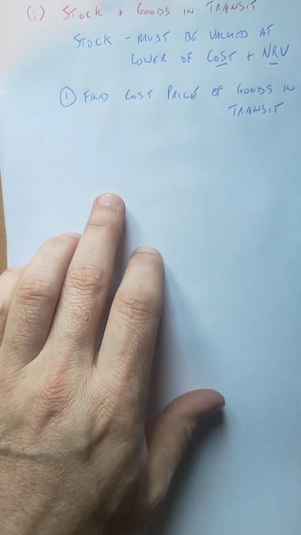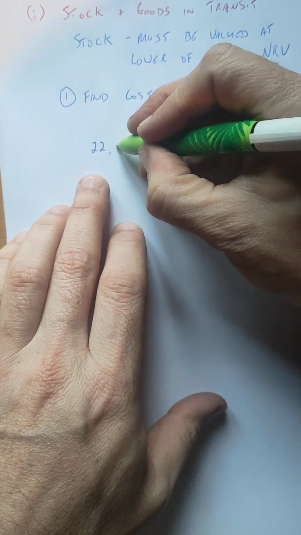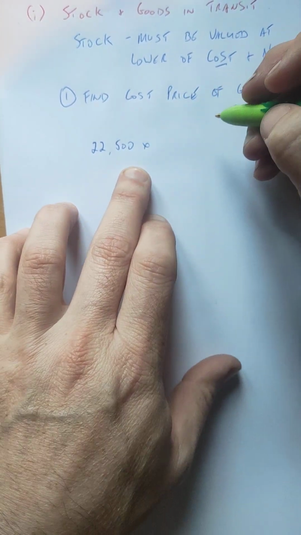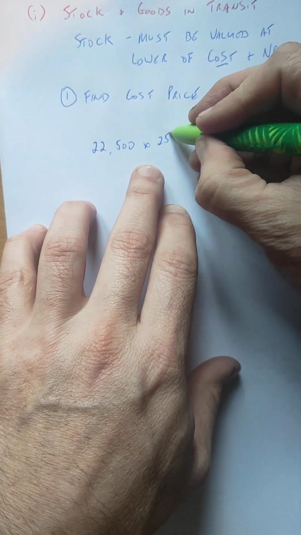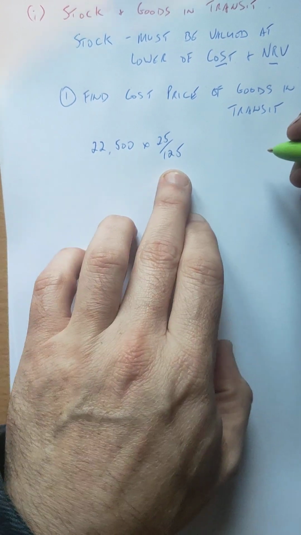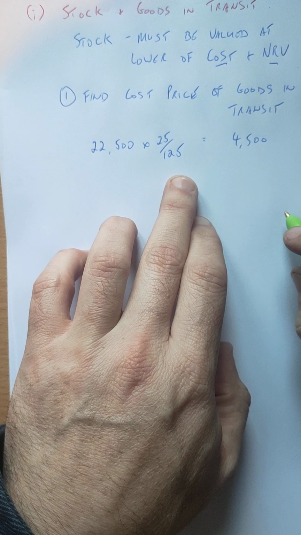So we have to bring this back down, and the easiest way you can do this is if we just get to 22,500, right, cost, multiply that. What we're trying to remove is the 25%. So this is one way you can do it. So 25% or 25 over 125, which will give you 4,500, right?